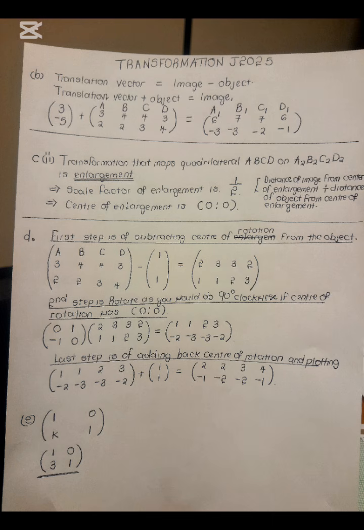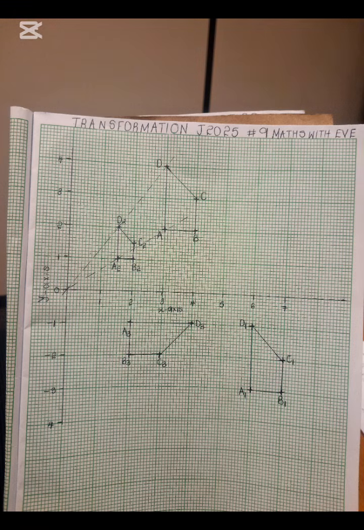And when the y-axis is the invariant line, the matrix that we use is 1 K, 0 1, where K is representing the scale factor. So we are going to replace the scale factor K by 3 so that our matrix is going to be 1 3, 0 1. So that was all about the transformation that was in June 2025.